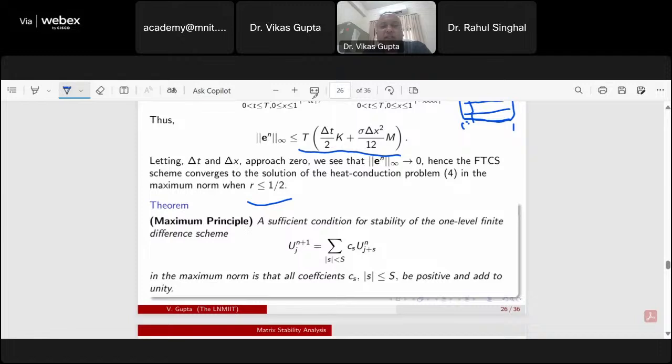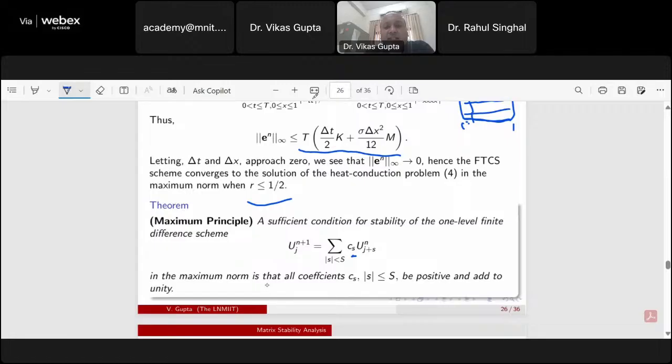For a one level scheme, the sufficient condition for stability of that kind of finite difference scheme is that all these coefficients Cs in the finite difference scheme should be positive, and if you sum them, their sum should add to unity.